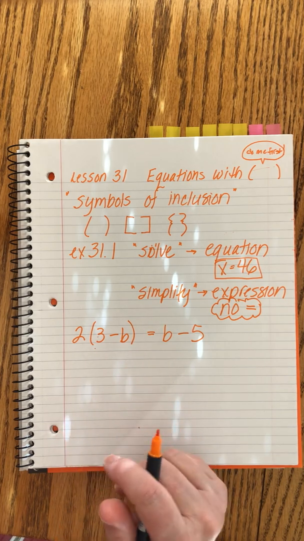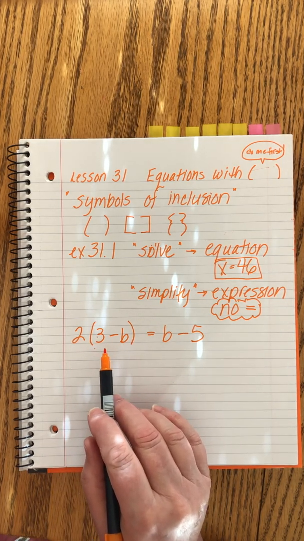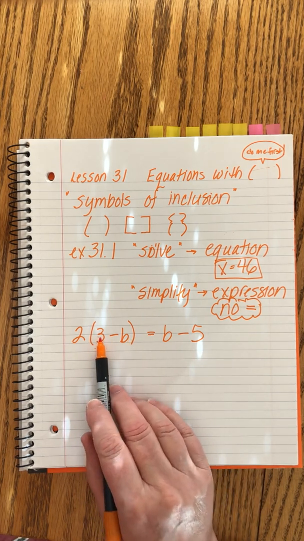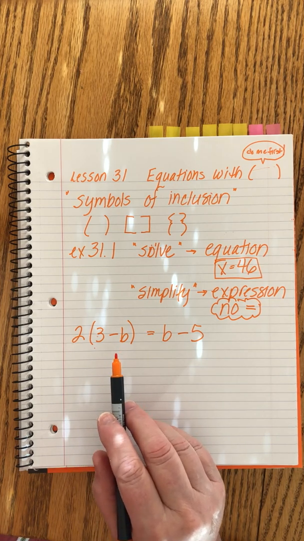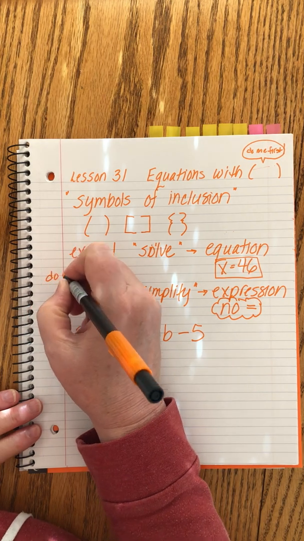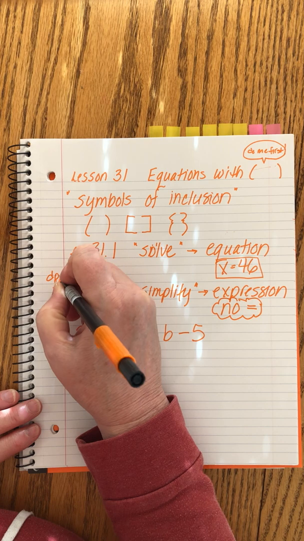But we look at them and we go, 3 minus b. There's nothing we can do within those parentheses. And they don't just represent multiplication, right? They're more complicated than that. So what we remember is that sometimes do me first, whoops, I spelled first wrong.